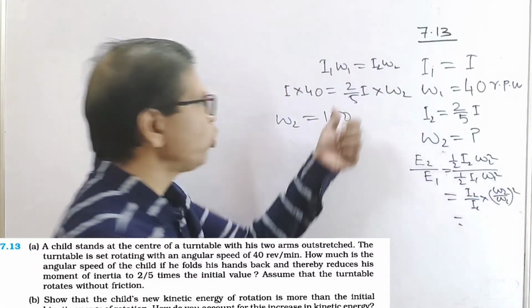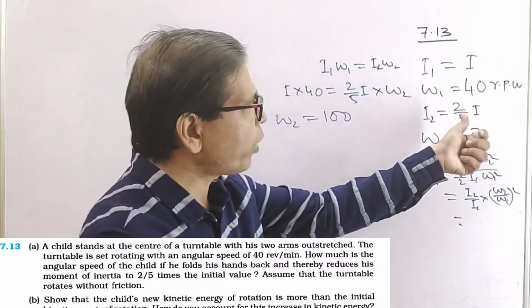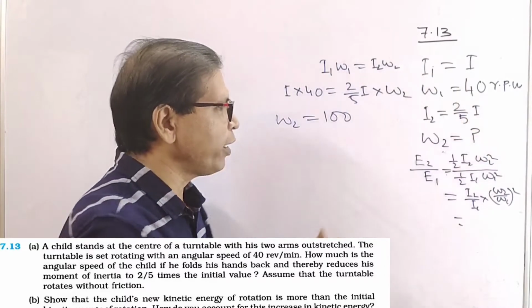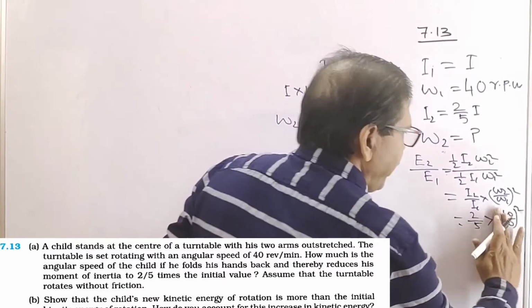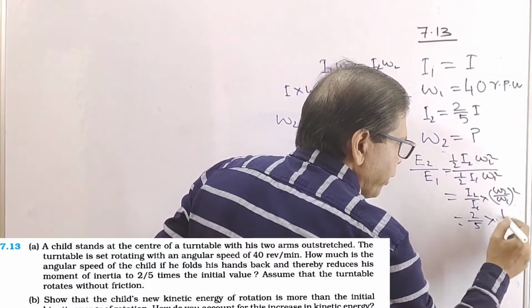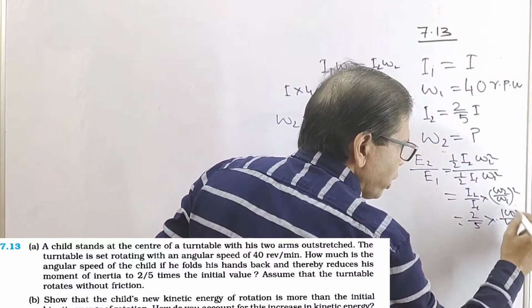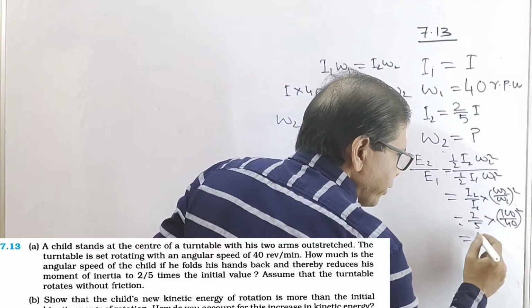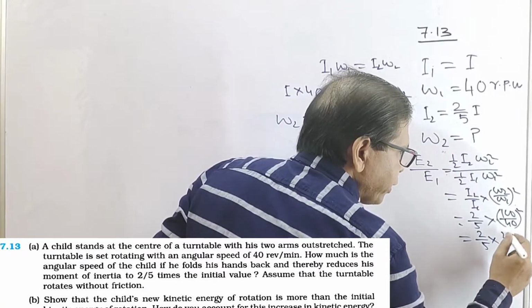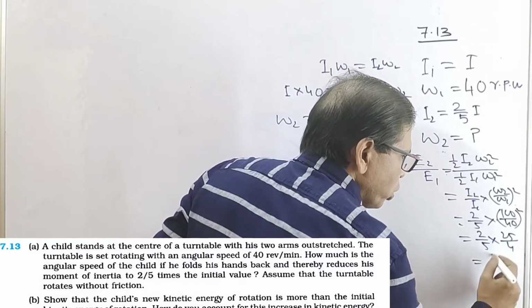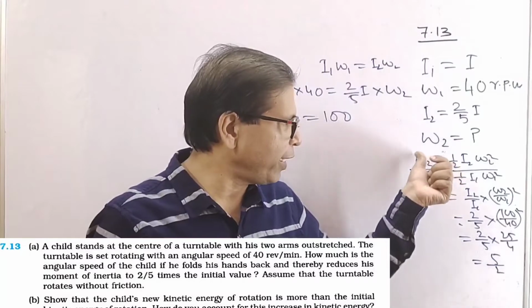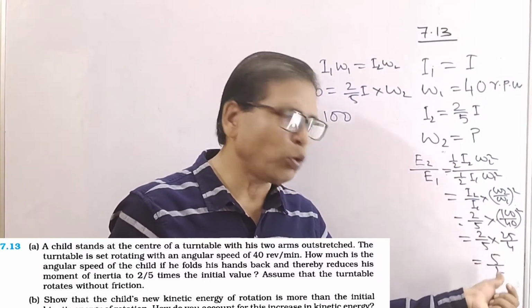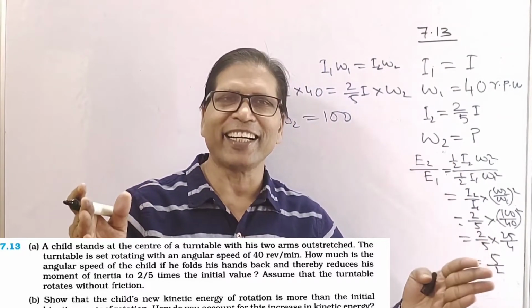Here I2 by I1 equals 2 by 5, and omega 2 by omega 1 is 100 by 40, whole square. So this is 2 by 5 times 25 by 4, which is 5 by 2. So final kinetic energy is 5 by 2 times the initial kinetic energy.